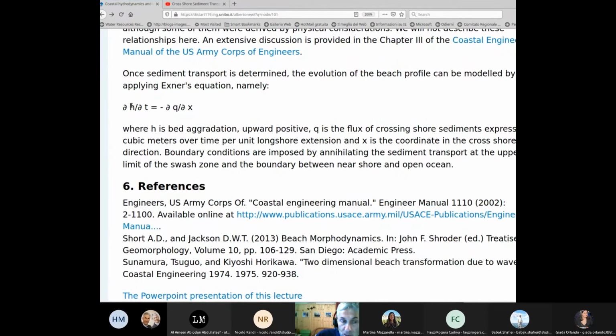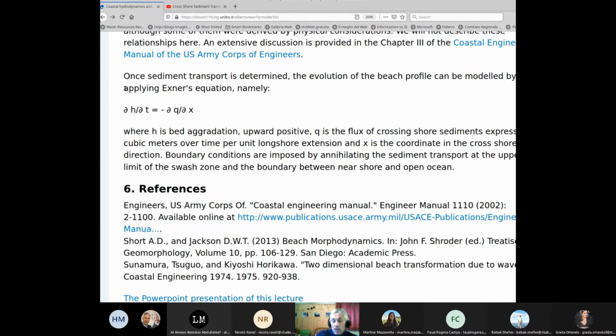It is the same reasoning that we did for the one-line model in the along-shore direction. For the one-line model, we made the same reasoning in finite difference terms. We used the delta, not the partial derivatives. This equation, again, is something that I'm not asking at the exam, but I think it is important that you know this name, the Exner equation.